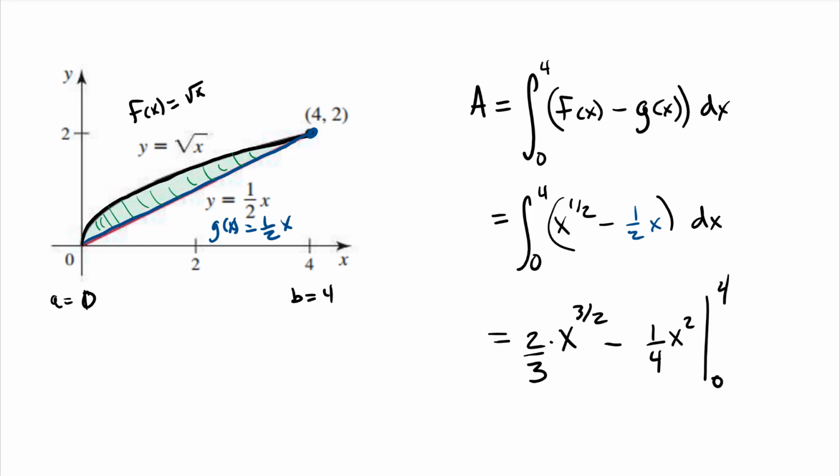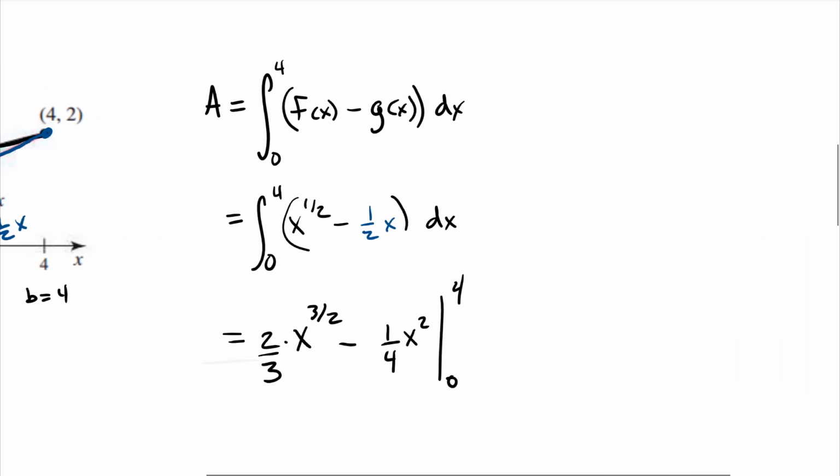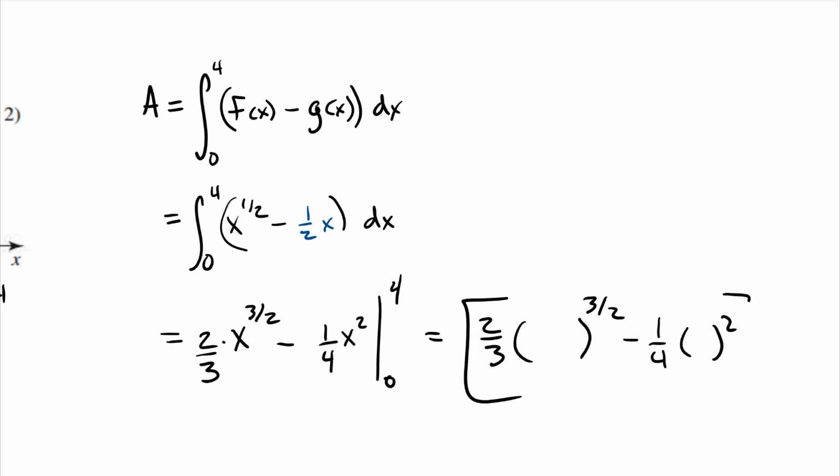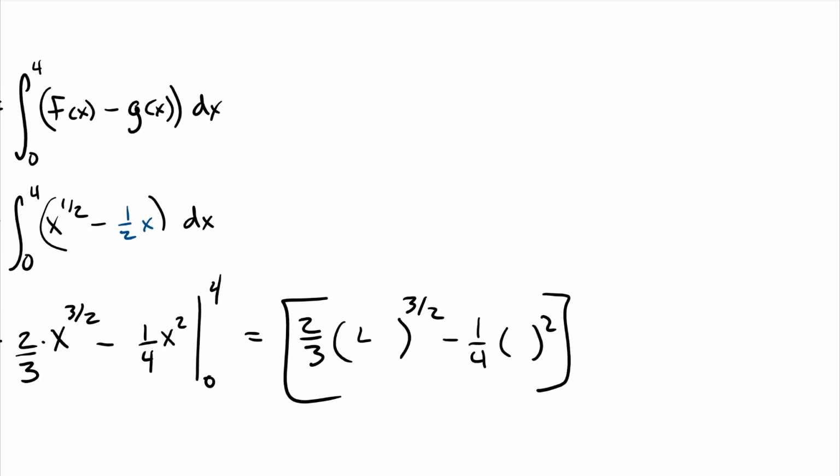Oh, zeros are the best. Love them. So we get 2/3 of something to the 3/2 power minus 1/4 something squared, and that's going to be for our upper bound with the 4 popped into it. And now we have to subtract out 0. Just skip that step.